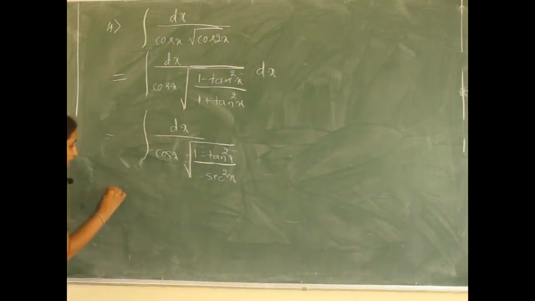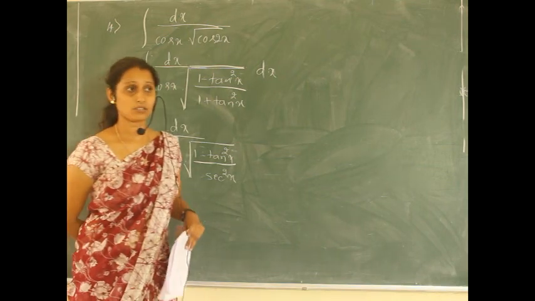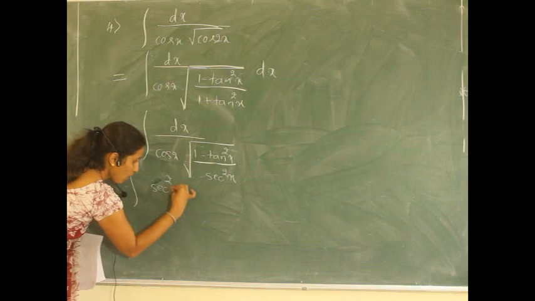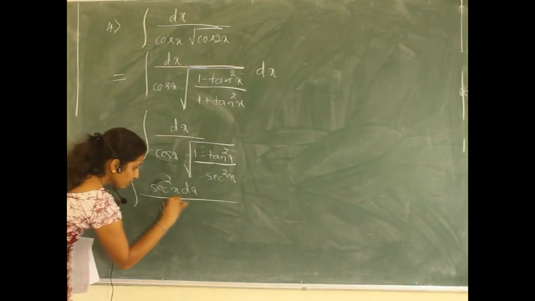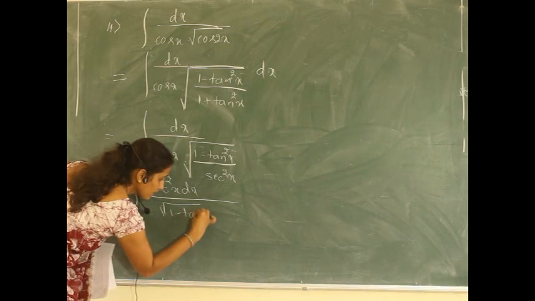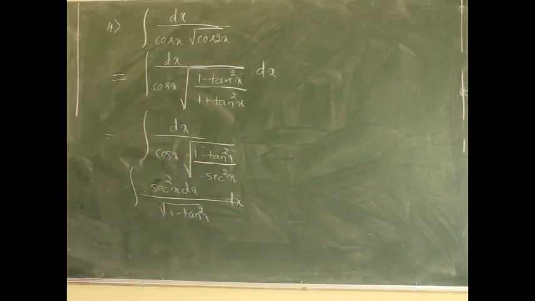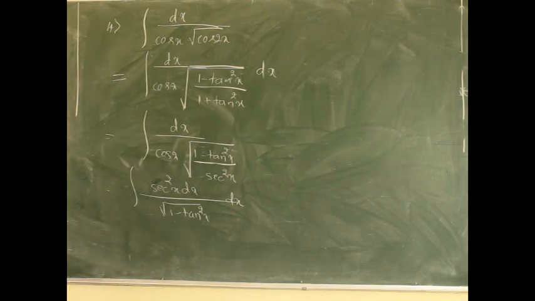So this will be the integral of 1 by cos square x, which is again secant square x. That becomes secant square x dx divided by root of 1 minus tan square x.